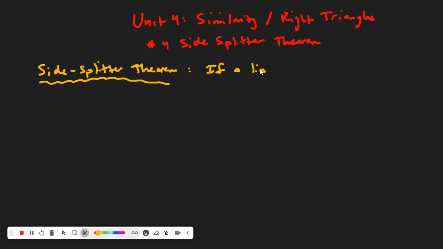a line, and it's probably going to be a segment, but we say line, if a line is parallel, so there's that word parallel, right? We should know parallel from previous lessons, to one side of a triangle.